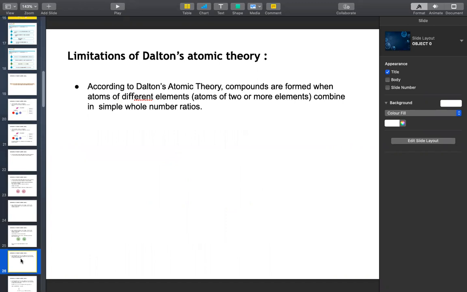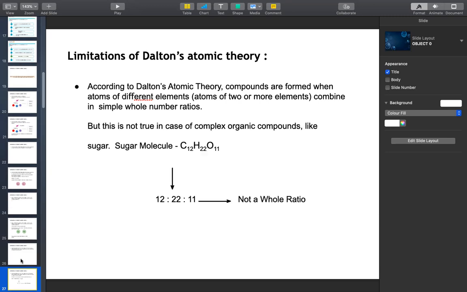Now, according to his theory, atoms of different elements combine in simple whole number ratios. Okay, fine. But if you see sugar, C12H22O11, it is not a simple ratio.